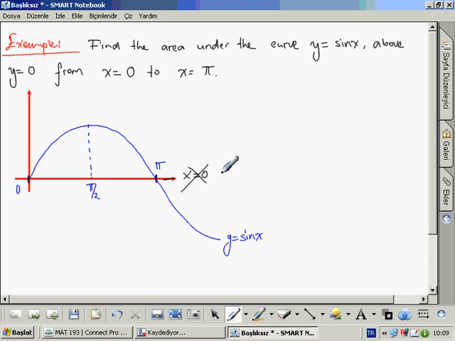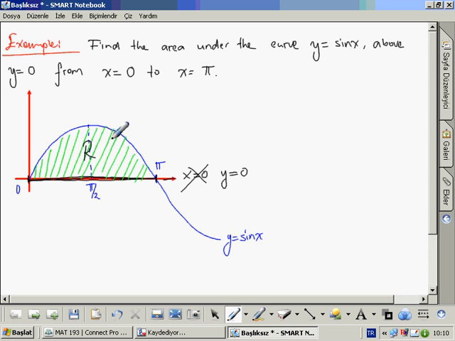Of course it's not true, this line must be y equals 0, and the y equals 0 line is here on the x-axis. Our shaded region, as you see, is colored with the green pen, and we want to calculate the area of our region, right?